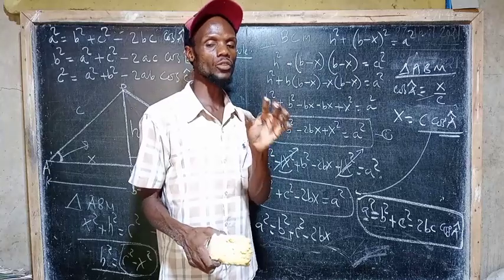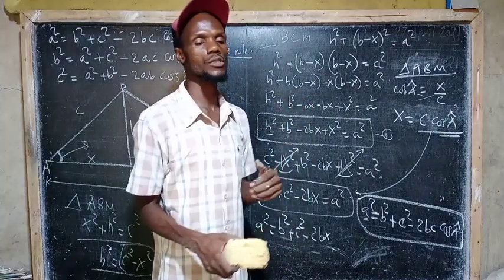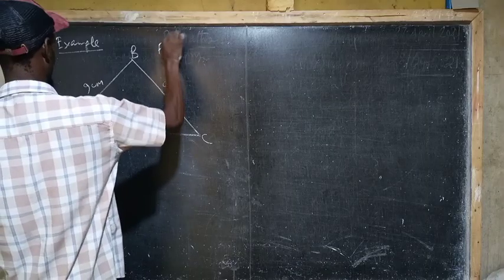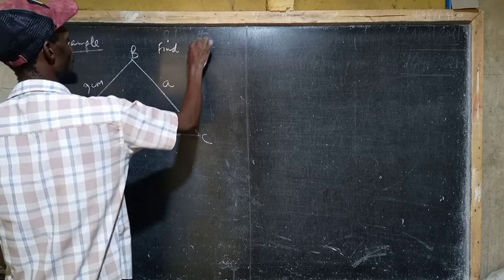So let us see some examples of how we can apply this cosine rule. Find BC.